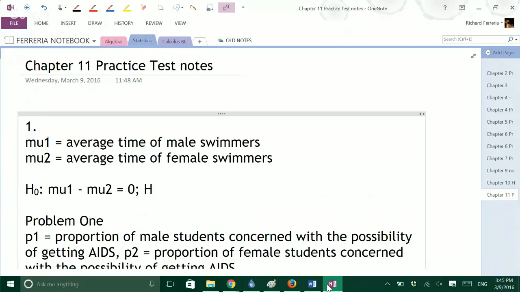But the alternative hypothesis here is, well, which time should be smaller, the male time or the female time? So if males are faster, they should have a shorter, smaller time, meaning that mu1 minus mu2 should be less than 0. That's my appropriate set of hypotheses for question 1.